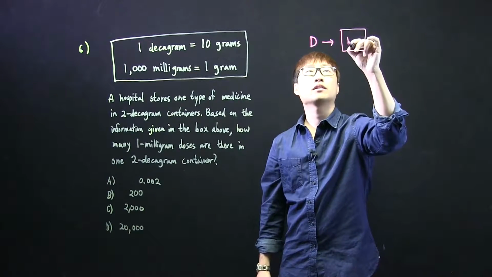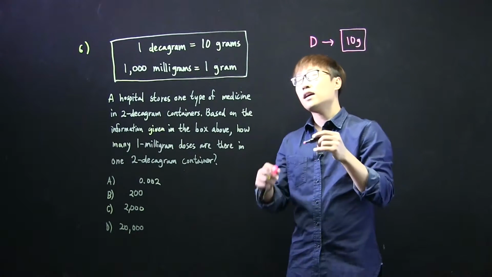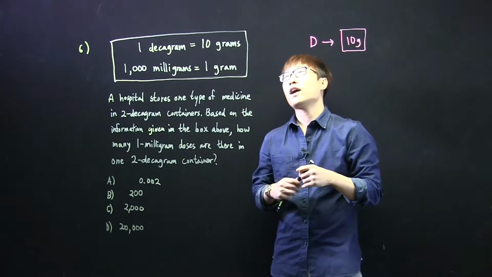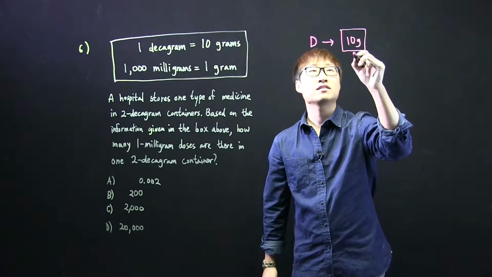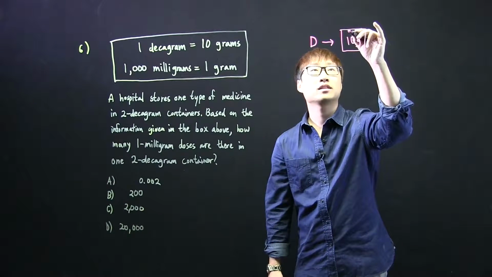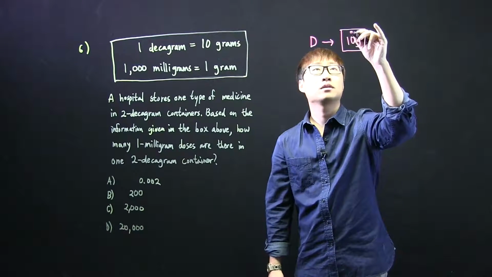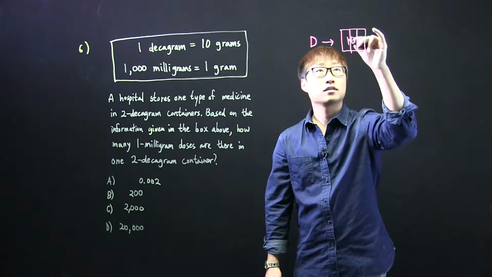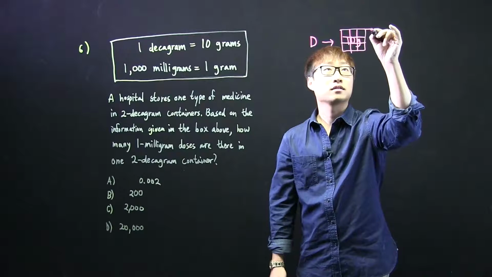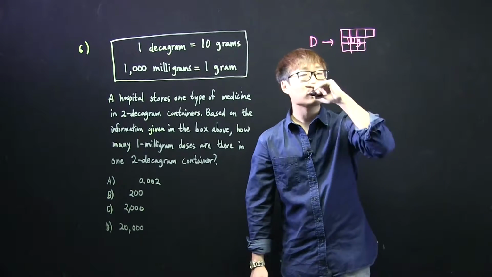And then 1 gram is 1,000 milligrams. So out of this, if I break it into 10 pieces, I don't know how I do that. Let's just do this. That's 10, right?